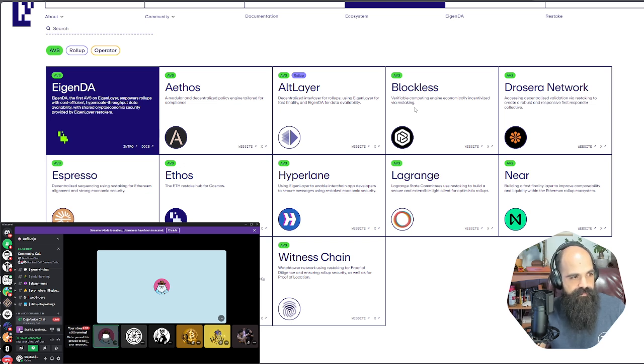So if you have some type of execution that you don't want running on Ethereum mainnet, you can run it through the Blockless set of nodes. They can use a ZK snark or whatever type of verification method to then push that value to the smart contract.